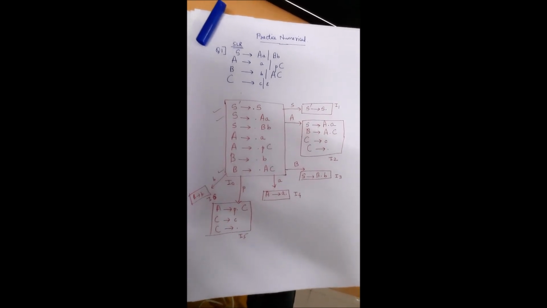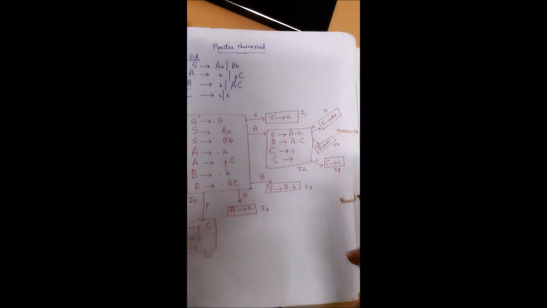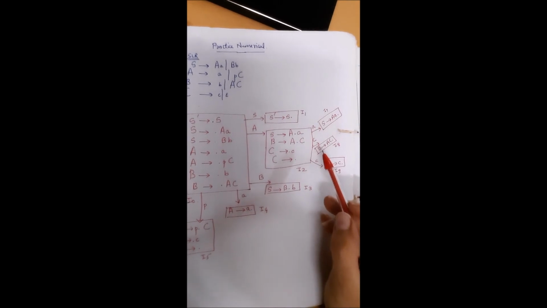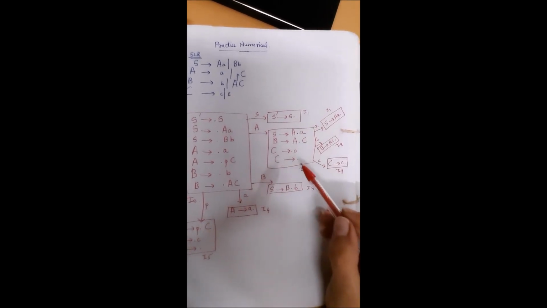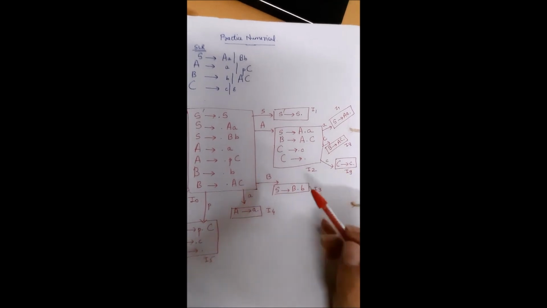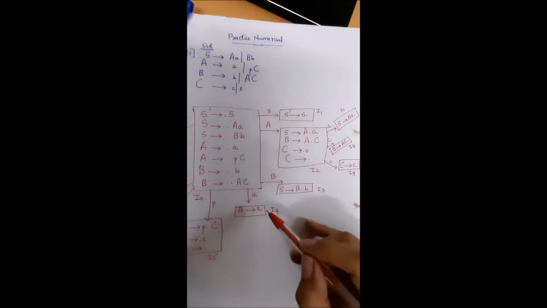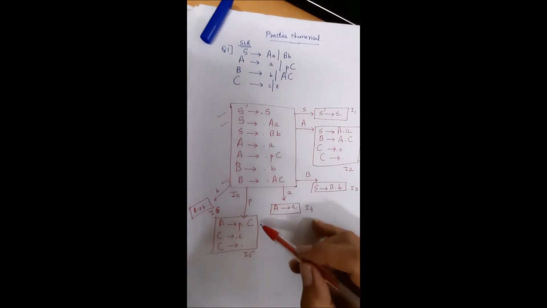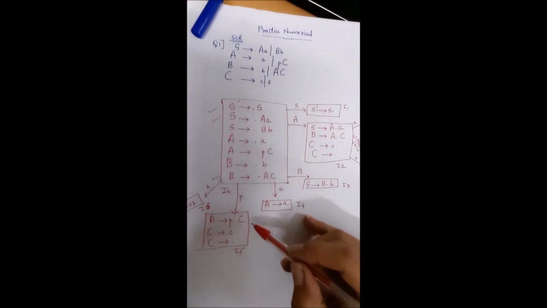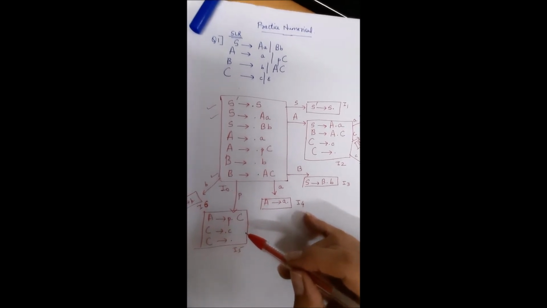Next, I1 is already processed. We will now process I2. So this will be your answer after processing I2. C tends to dot is not processed further. We have 9 states. Then we'll process B of I3. Next, I4 is already processed, so we'll go to I5 and process capital C, small c.